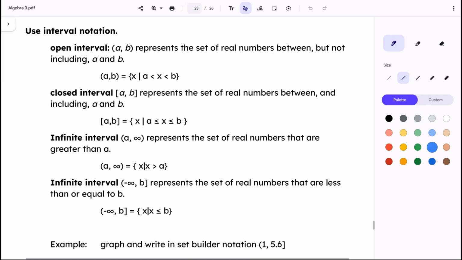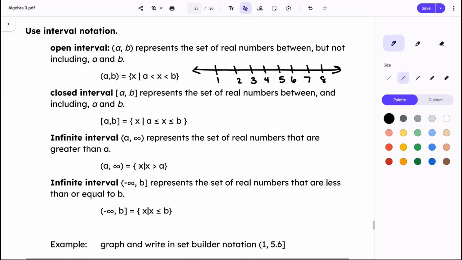For example, if I had something like this on a number line, and I had 3 and 5 as my boundaries, they would have parentheses like that on the number line, but then if I were to write it in notation form, it would be (3, 5). And how I would read that is my solutions to the problem could be anywhere between 3 and 5, but they can't equal 3 and they can't equal 5.